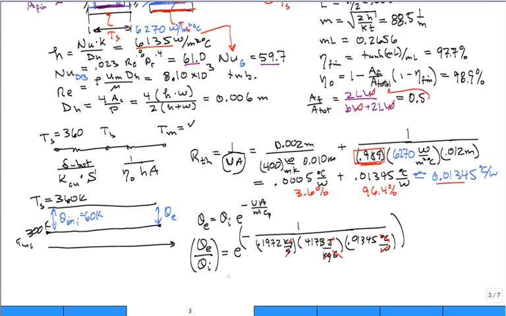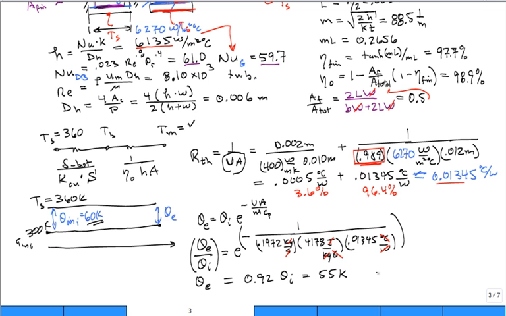When you make this computation, you get 0.92. So theta on the exit is 92% of theta on the inlet. The theta on the inlet was 60 Kelvin, the temperature difference, and so theta on the outlet is 55 Kelvin.